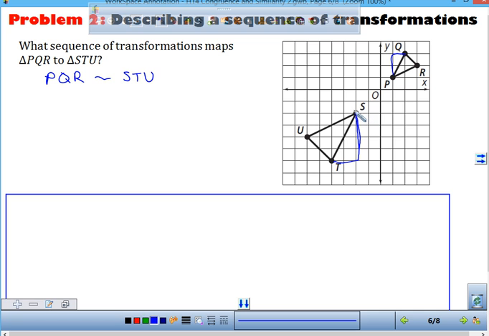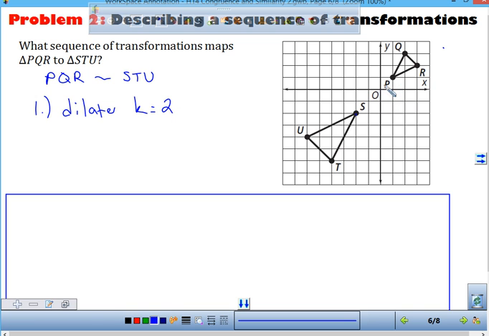So that's about double the size. What I would do, and that's a great way of thinking about it. Another way to think about it, look at side QR. How many diagonal squares do we have? How many diagonal squares do we have in UT? Okay, and that's another way to see that it's double the size. Okay, so first thing is to dilate with a scale factor of 2.